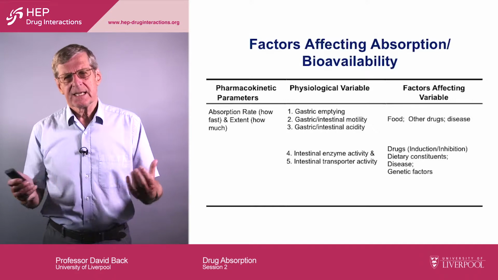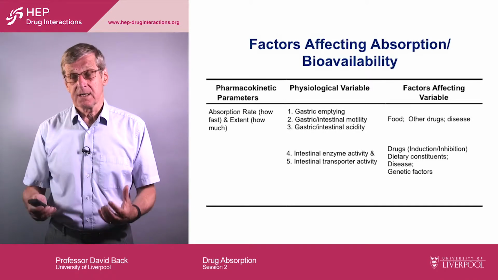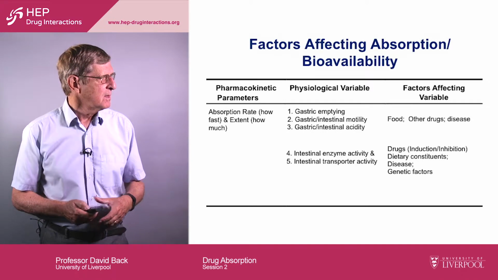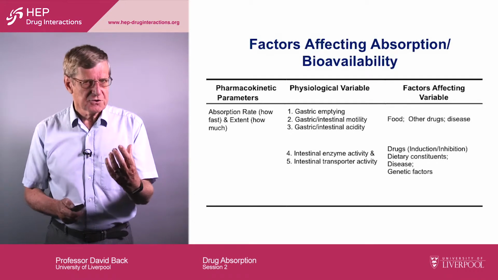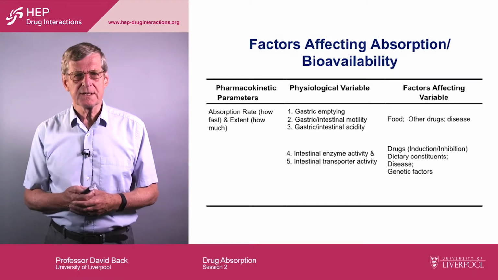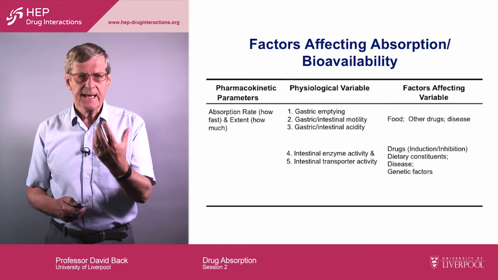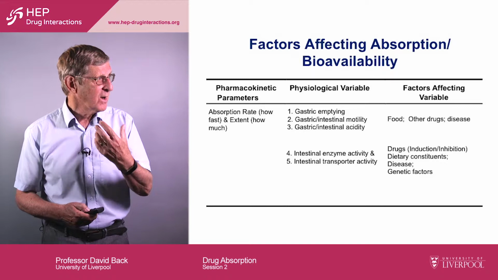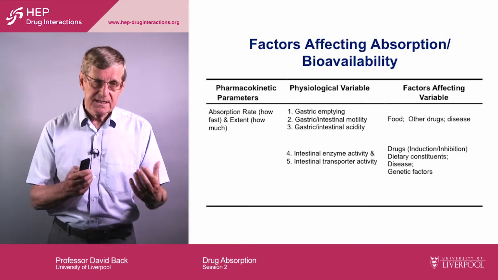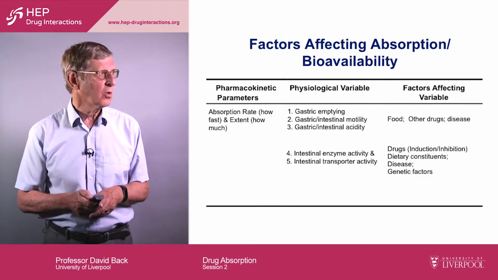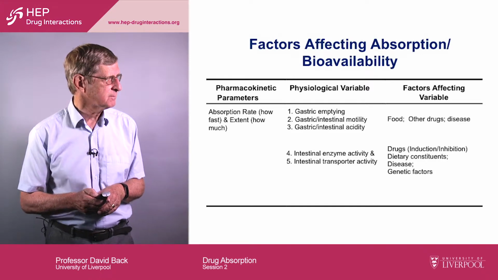So let's think about what factors can affect our drug being absorbed. We have to think about those physiological variables. The center column of this table talks about gastric emptying, gastric motility, gastric acidity, as well as the enzyme activity and transporter activity in the wall of the enterocyte.